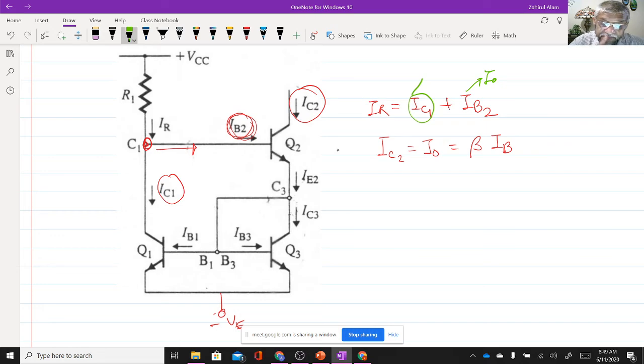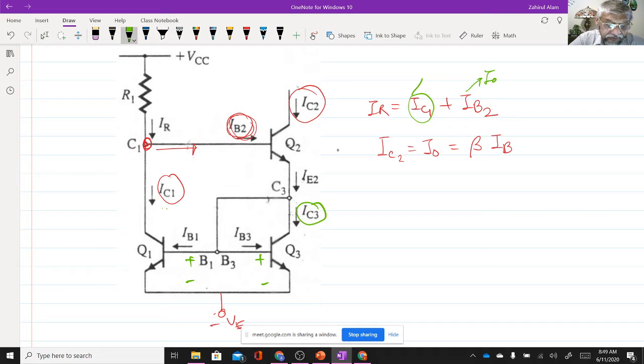Let us see how we can derive this. IC1 is connected to IC3, which is on the output side.